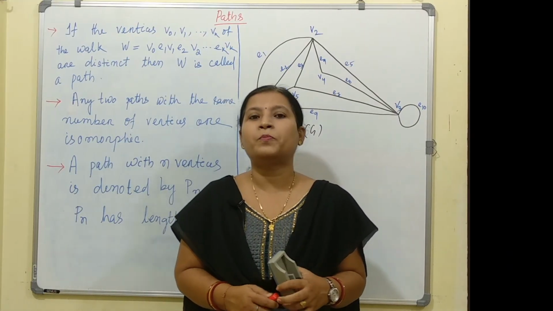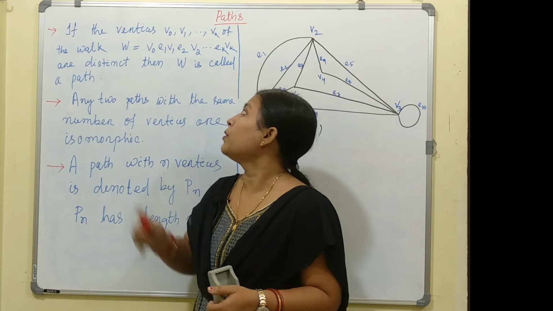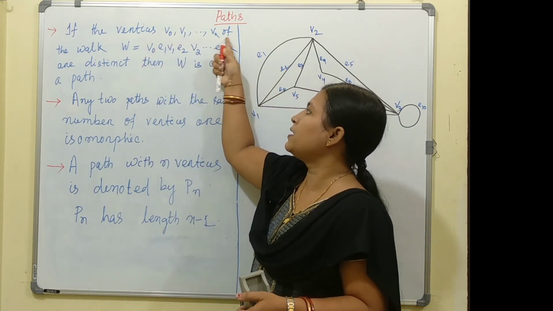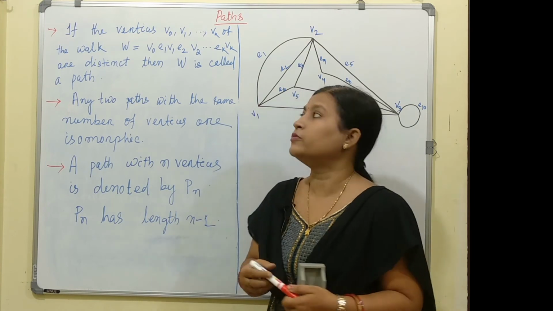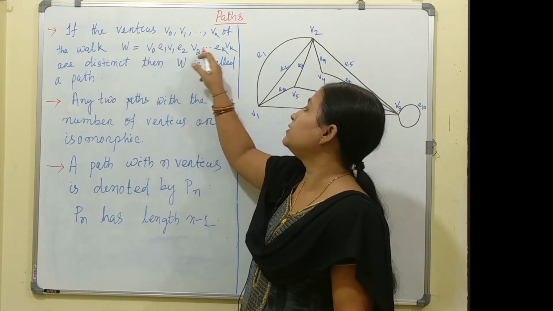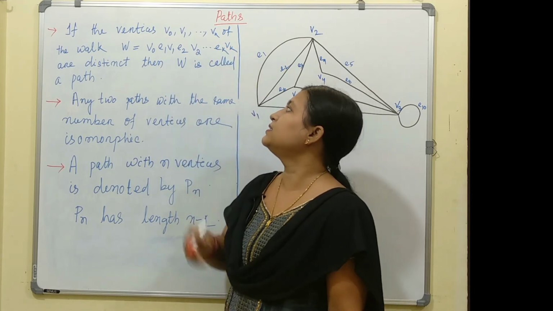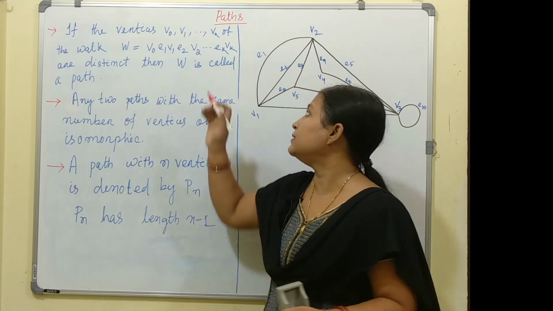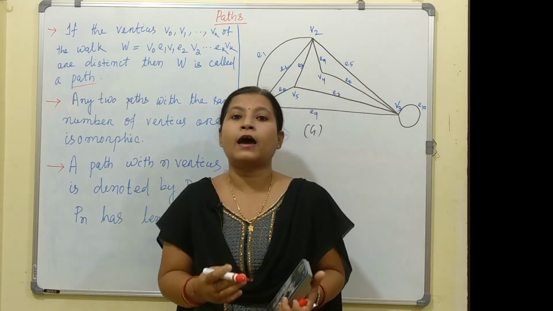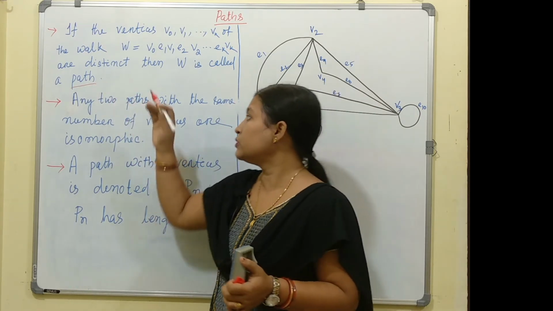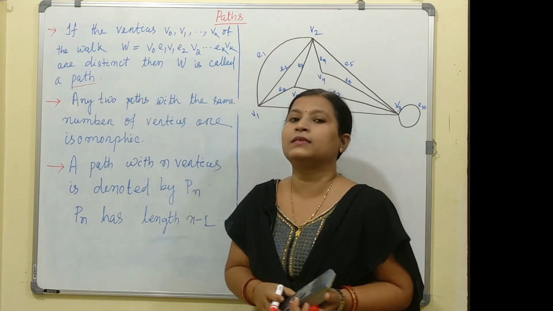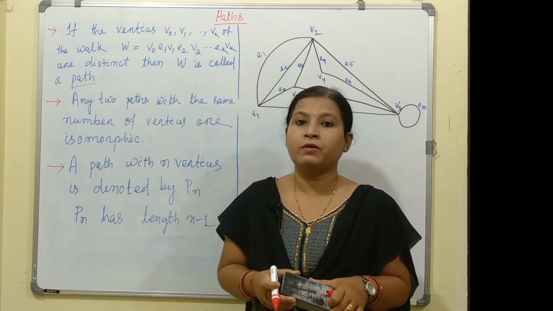Next come to path. So path: if the vertices V0, V1, up to Vk of the walk W equal to V0, E1, V1, E2, V2, up to Vk are distinct, then W is a path. That means the vertices are not repeated. Any two paths with the same number of vertices are called isomorphic paths.